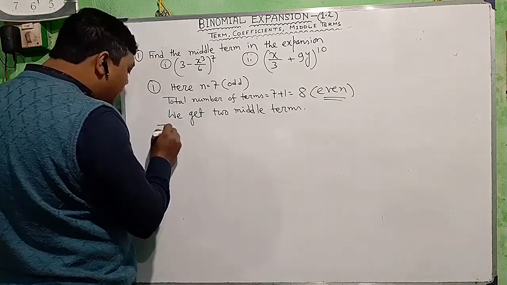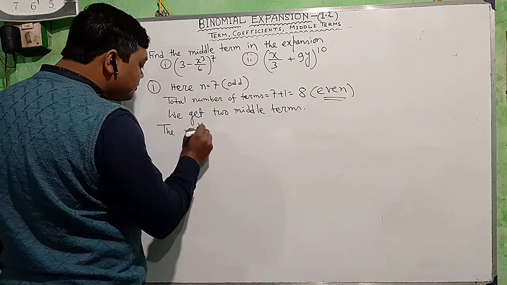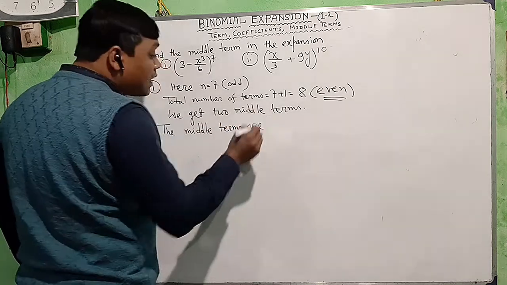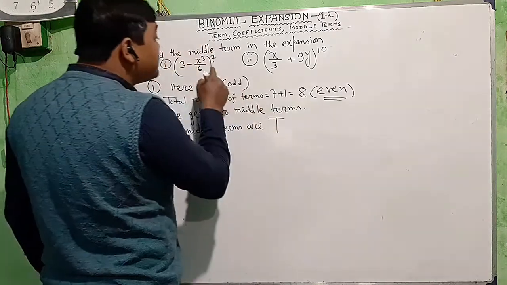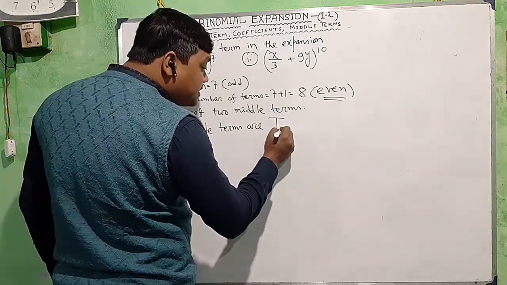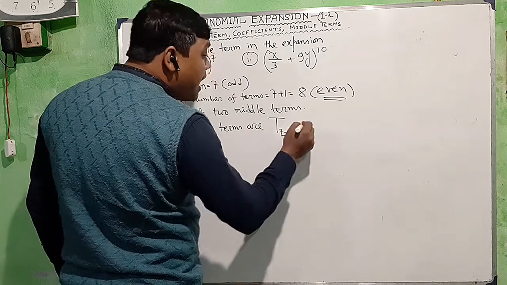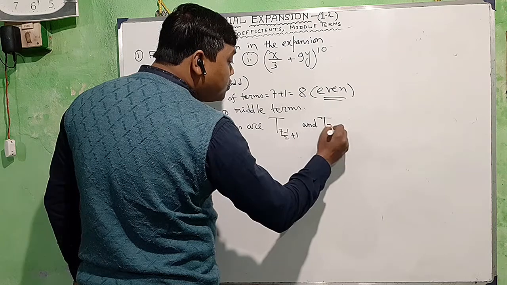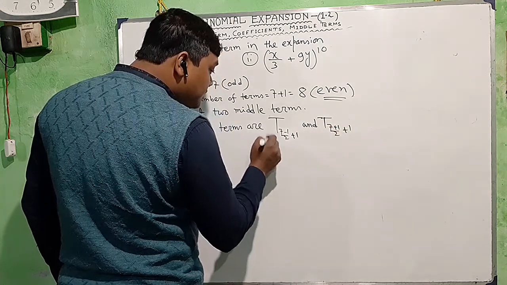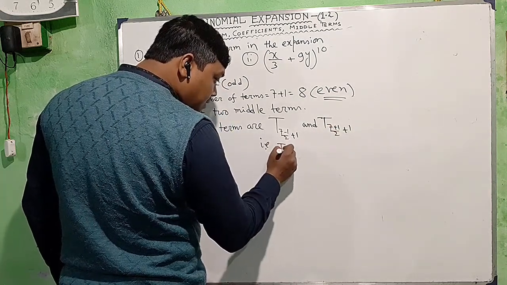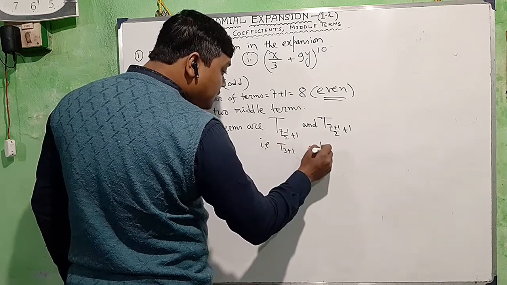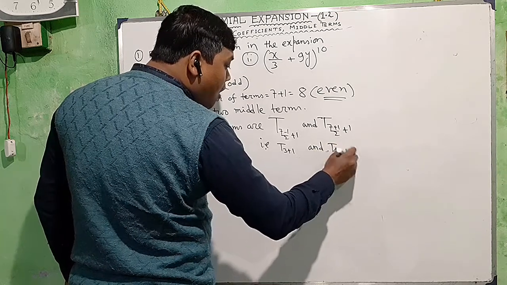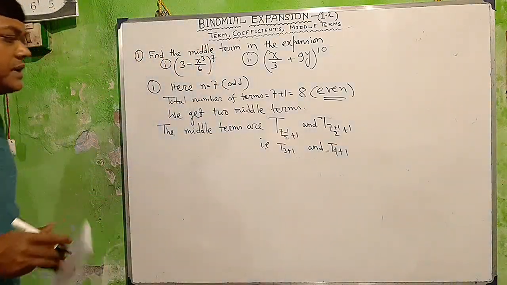So the middle terms are T(n-1)/2 + 1, that is T((7-1)/2 + 1), and T((7+1)/2 + 1), that is T(3+1), that means T4, and T(4+1). Why have I written in this fashion?